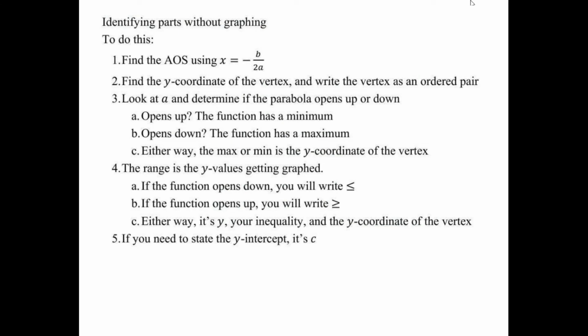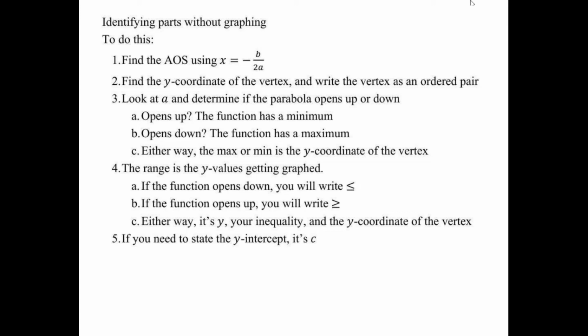So, identifying parts of a parabola or of a quadratic function without graphing. You don't need a graph to be able to do what we're doing here. First thing you do is find the axis of symmetry using x equals negative b over 2a, okay? You don't need to graph it to know what the axis of symmetry is. Then you find the y-coordinate of the vertex, and you write the vertex as an ordered pair.